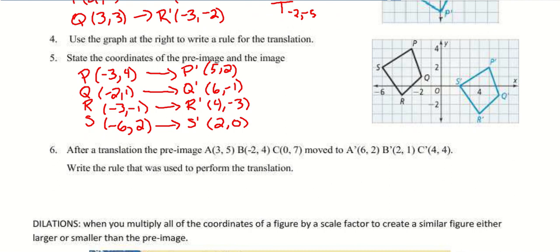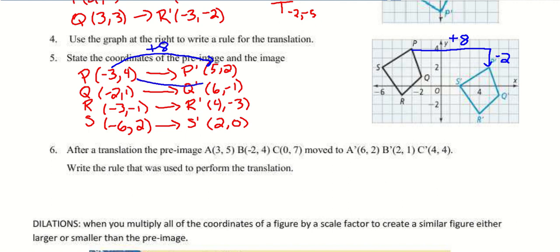So remember the two ways. We can draw our line over and then down or up, so left and right. This is right, 1, 2, 3, 4, 5, 6, 7, 8. So it's +8. And then down 2, -2. And so there's my rule. Or I can do the counting, right? From -3 to 5 is +8.